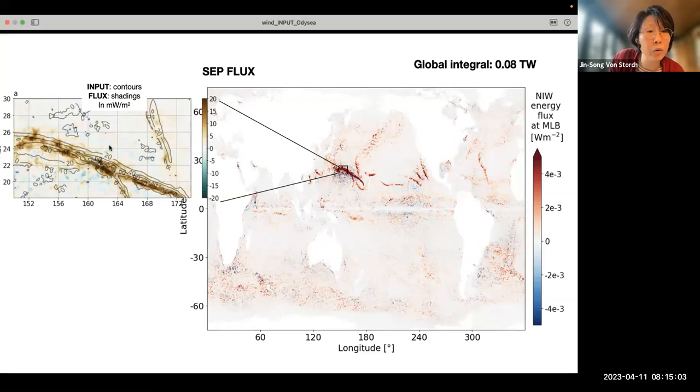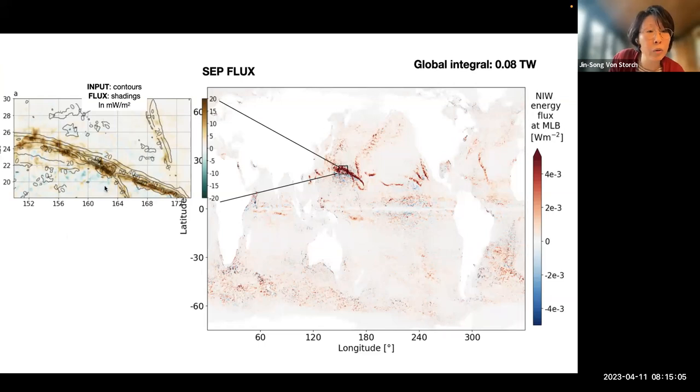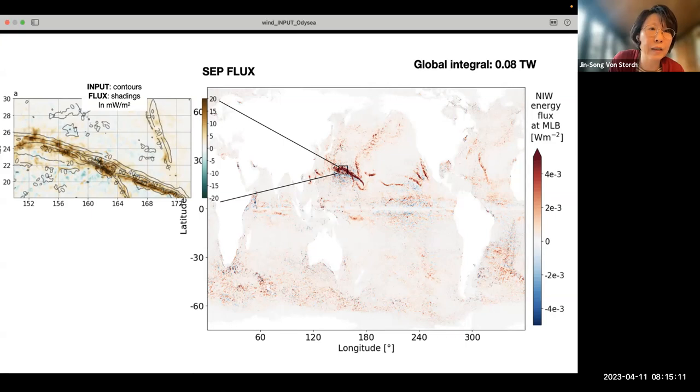And showing you here in the inset, the contour is the input at the surface, and then the shadings are the flux beneath the mixed layer. And you see that it can reach quite a high number, something like 20 milliwatts per square meter.